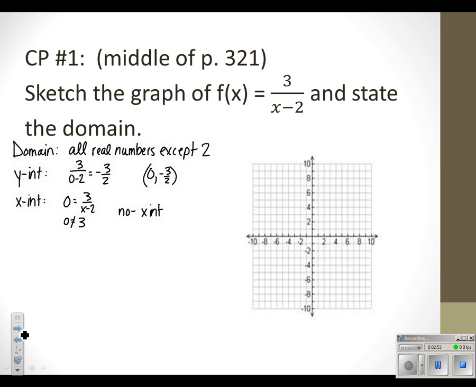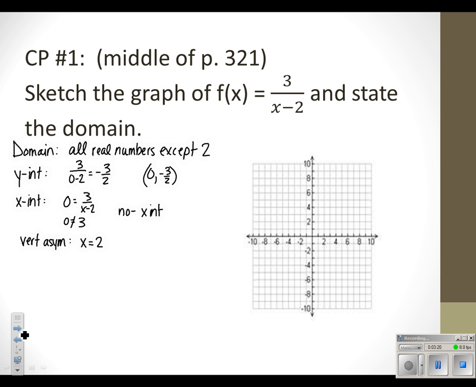Let's take a look at vertical asymptotes. Okay, since our domain says that we can't have x equals 2, that line x equals 2 is our vertical asymptote. Horizontal asymptote. That one tells us to check and compare the degrees.